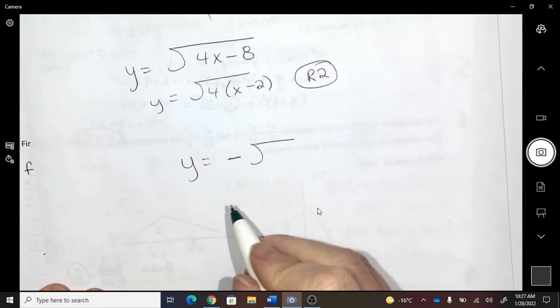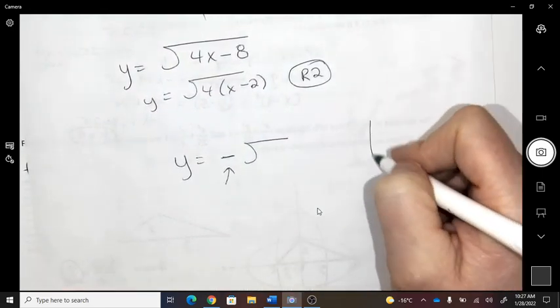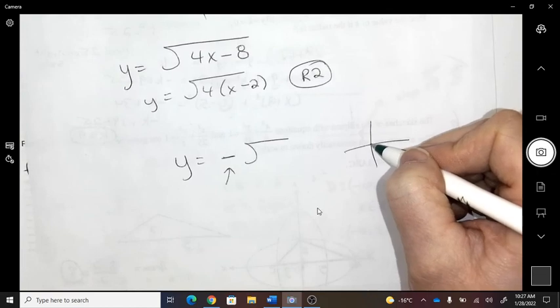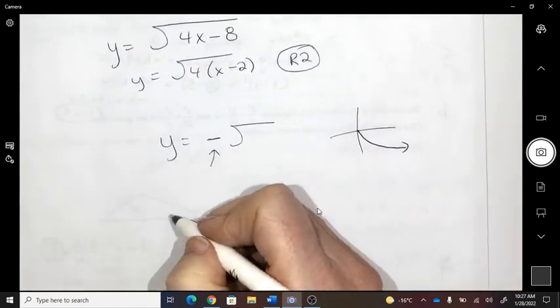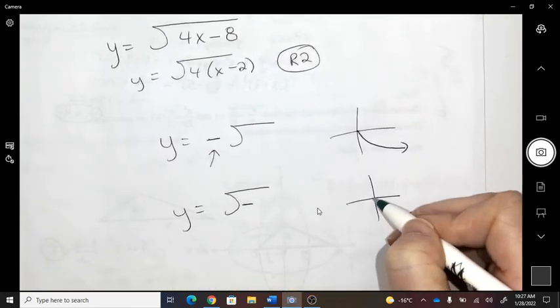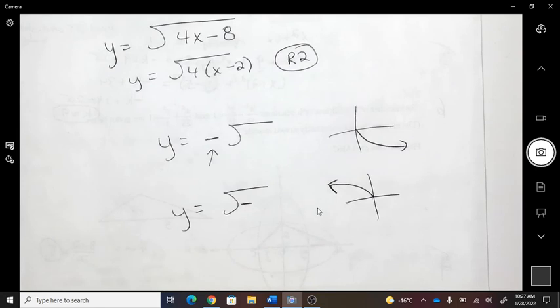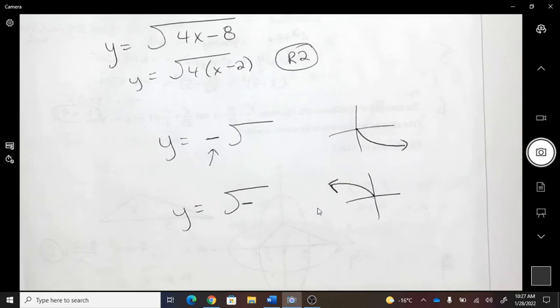So if your negative is in the front, what does it do? Then it goes that. And if your negative is on the inside, then it goes like that, right? The domain switches. Here the range switches, here's the domain switching. Okay, so you're going to run into a lot of background information while you're doing this.